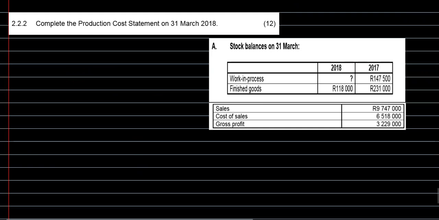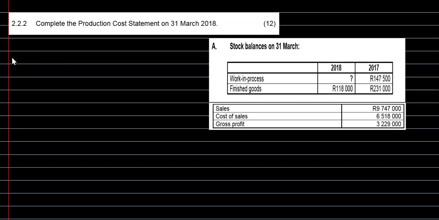Okay, here we are asked again to complete the production cost statement. First of all, we need to know the structure that we're going to use. Let us go and write our structure.